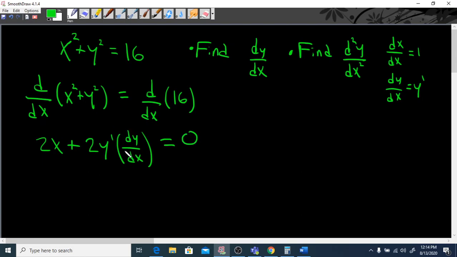Again, we're trying to solve for dy/dx, so we move all terms not involving dy/dx to the other side. I'm going to subtract 2x. The 2x goes away on the left-hand side, and I get 2y dy/dx equals negative 2x.